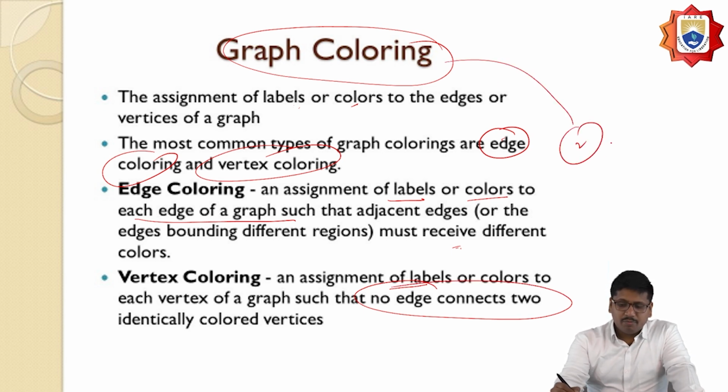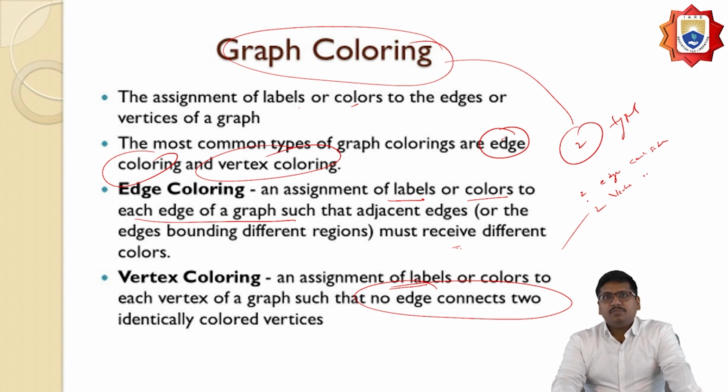So graph coloring is of two types. Edge coloring and vertex coloring are almost the same: no two adjacent edges should coincide in color, and similarly, no two adjacent vertices should have the same color.